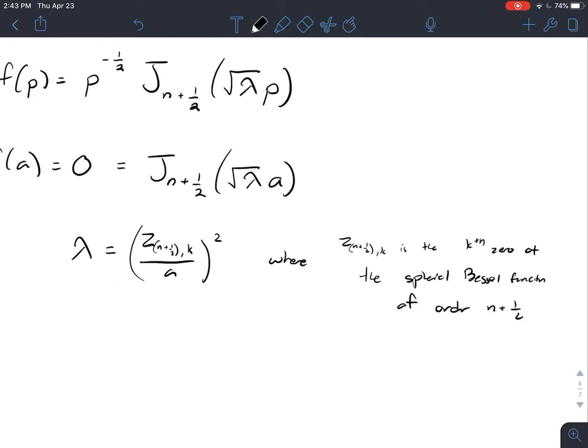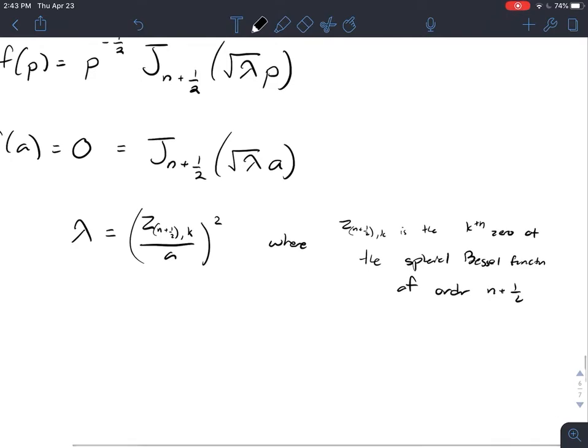So this sort of notation should seem somewhat familiar to you. This is just the sort of logic that I apply for Bessel functions in the first place. If you don't feel comfortable with what I'm saying right now, I highly recommend you watch my Bessel function recitation video, or look at some of the problems I solved for Bessel functions. Since this is the kth zero, we would start with k equal to 1, 2, 3.